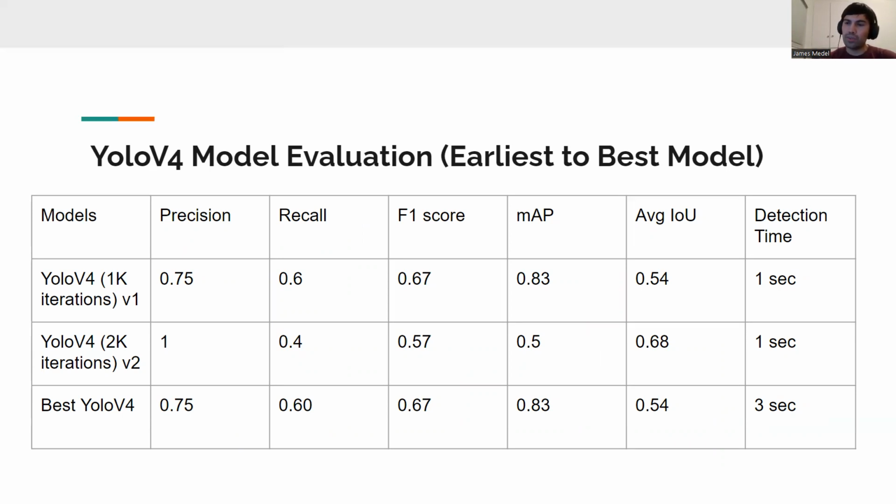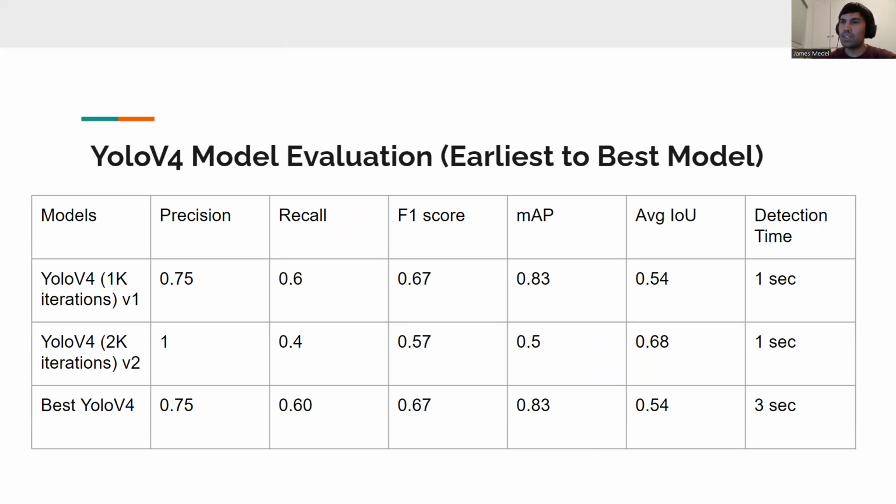YOLO will end up saving models over time once it's met 100 iterations, then 1,000 iterations, 2,000 iterations. I've seen in some readings that the way YOLO describes iterations, people also recognize as epochs. So just a heads up there.